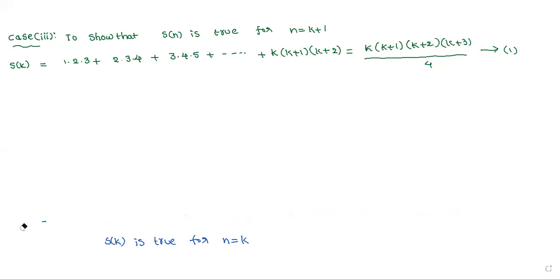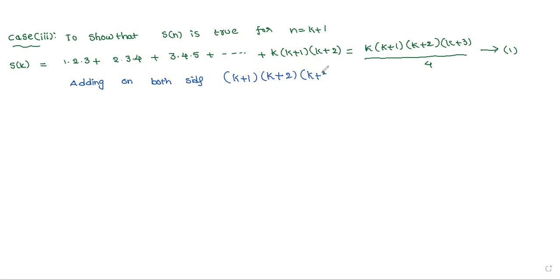Next, adding on both sides, the term with k replaced by k plus 1: k plus 1, k plus 2, k plus 3.